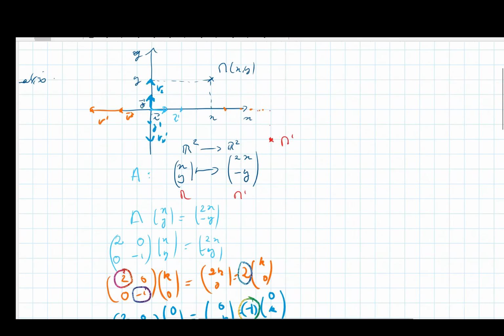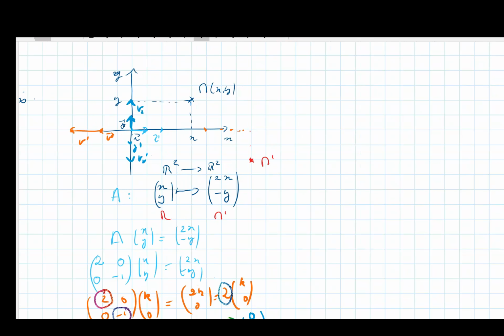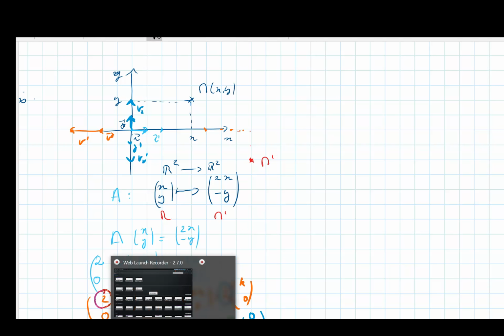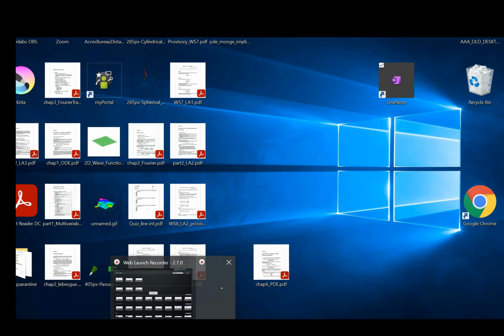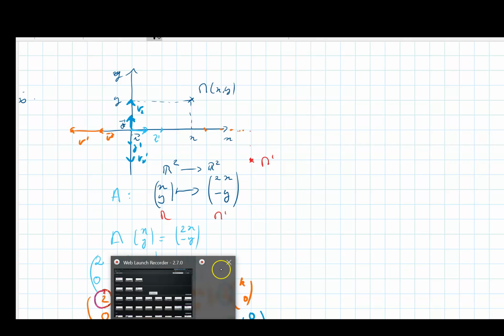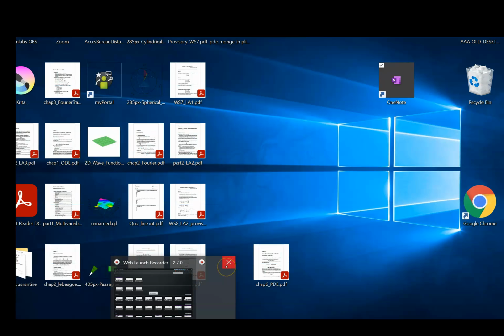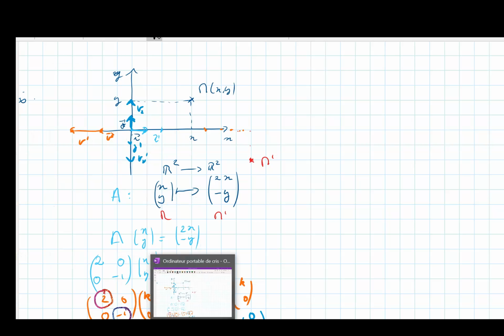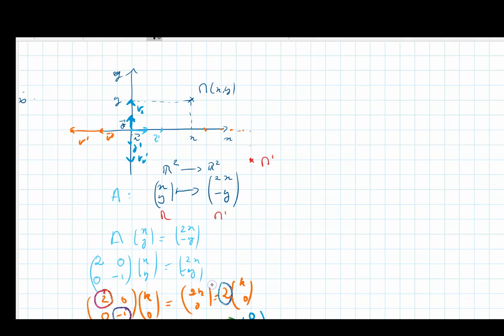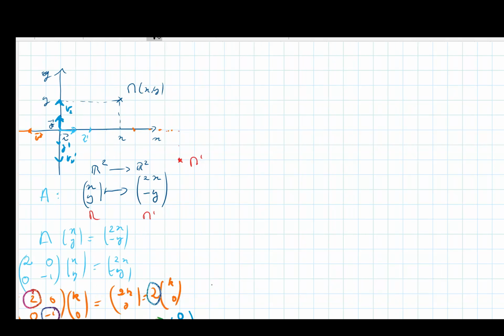But what's happening now if I want to build a matrix? Let me draw again some axis, another plane, so let's write it here.